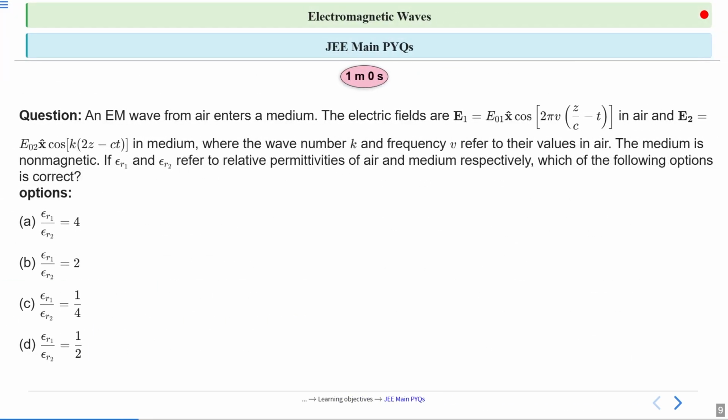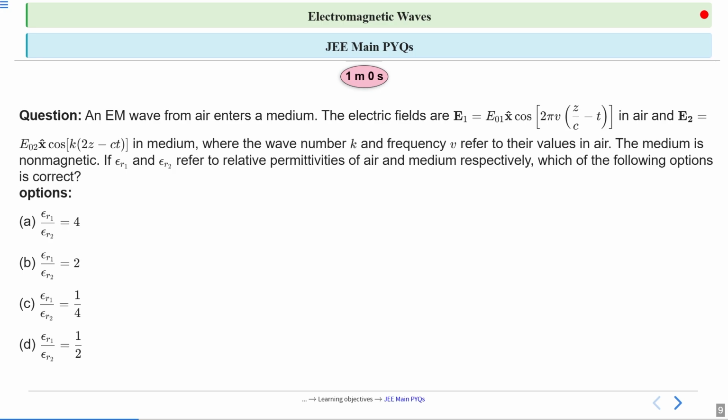Next question: an EM wave from air enters a medium. So an electromagnetic wave enters a medium. The electric fields are E1 equal to E naught 1, where E naught 1 is the peak or maximum value of the electric field for this E1, times x cap.